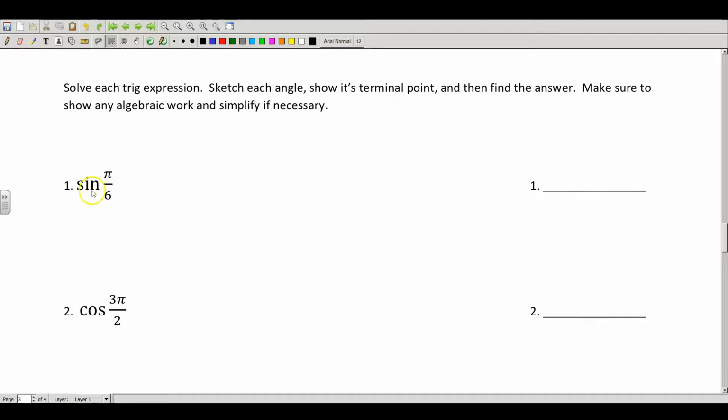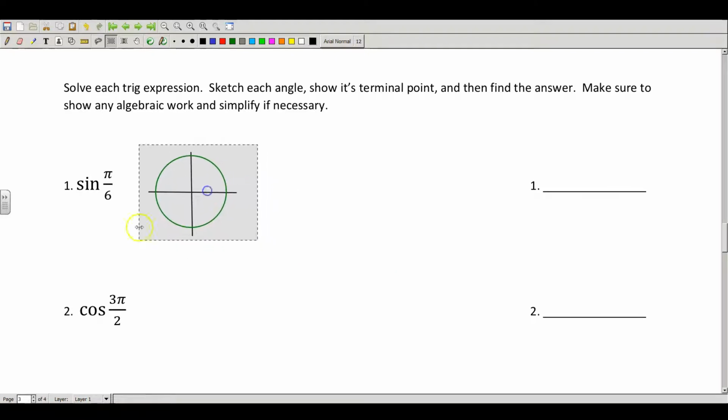So if I was asked, what is the sine of pi over 6? Right, so if I have pi over 6 or 30 degrees, what's the opposite over hypotenuse? What is that ratio? Without using a calculator, we're just going to give an exact answer without punching it into our calculator. Well, we're going to first draw that out.